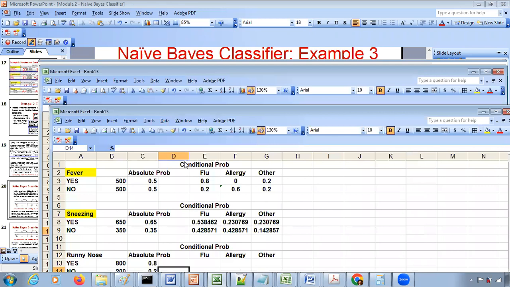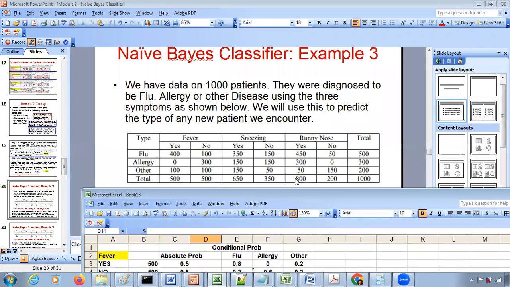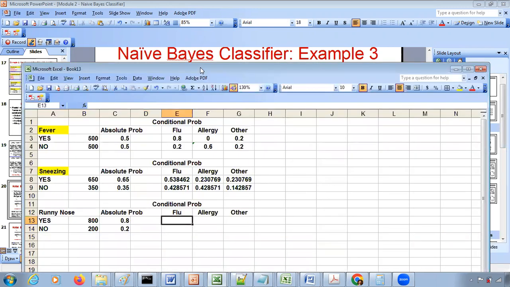So now out of the 800 with runny nose as yes, 450 reported flu. So it's going to be 450 for flu divided by 800, the total runny nose as yes.